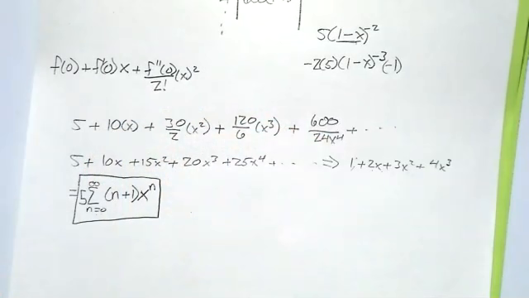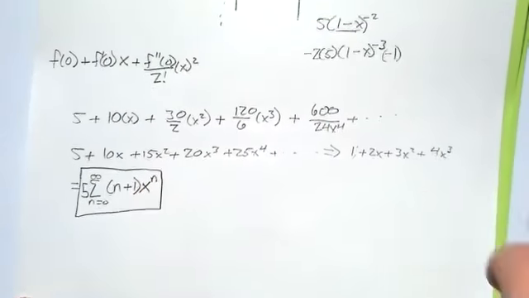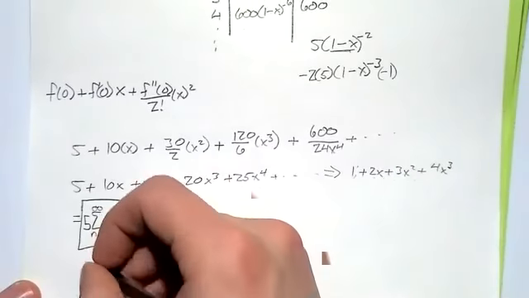Now, from here, we want to find our radius of convergence, which means we will perform another ratio test. So let's do that, not really quickly, but semi-quickly.